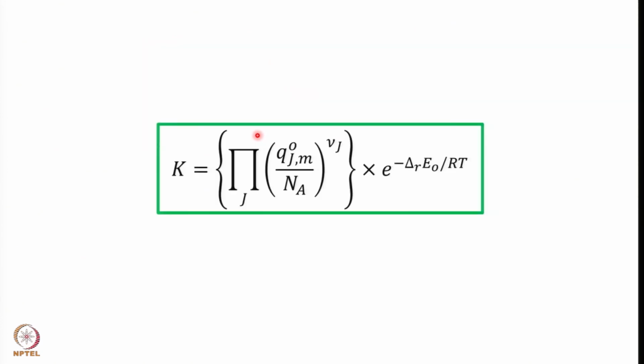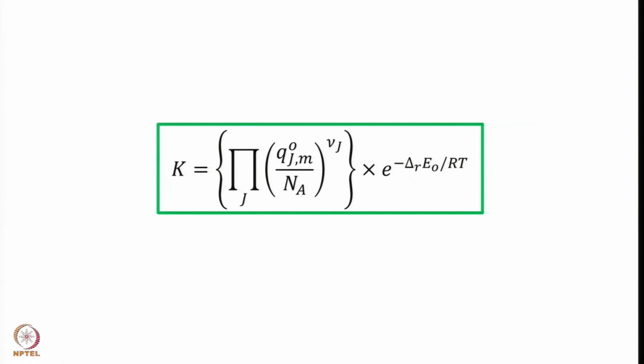What we will do now is that this equation which we have developed is the same equation now written in a typed form, that K is equal to product over J of q J m naught by Na raised to the power stoichiometric number into exponential minus delta E naught by RT.